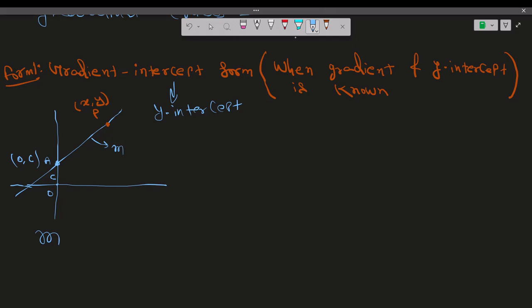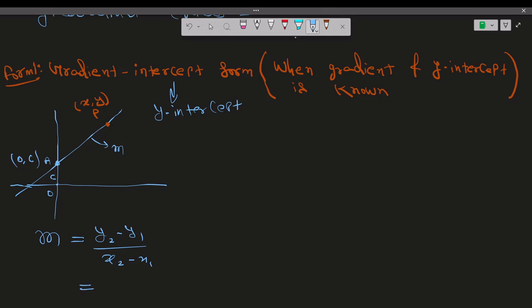Therefore, the gradient of line AP will be equal to y2 minus y1 upon x2 minus x1. Here we need 2 points. Do we have 2 points? Yes, one point is A, one point is P. Let us say point P I am taking as (x2, y2) and point A as (x1, y1). Let us substitute the values.